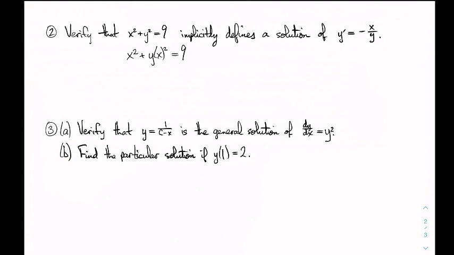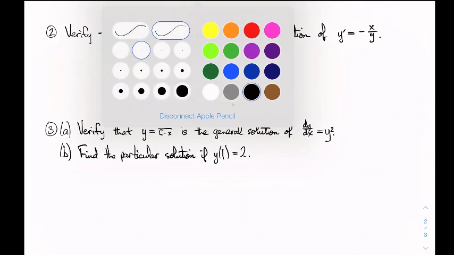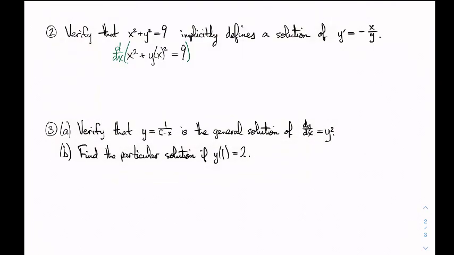When you differentiate both sides, you remember that you need to use the chain rule for the y term. So d dx of x squared is 2x, and d dx of y squared is 2y times dy dx by chain rule, and the derivative of 9 is just 0.